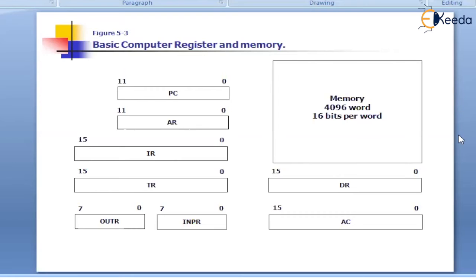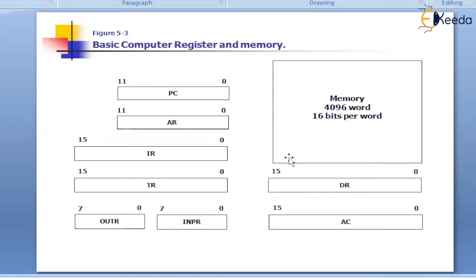This is the snapshot of the CPU, in which there is a main memory. You know that the size of the main memory that we are designing is equal to 4096 words. Each word is equal to 16 bits.